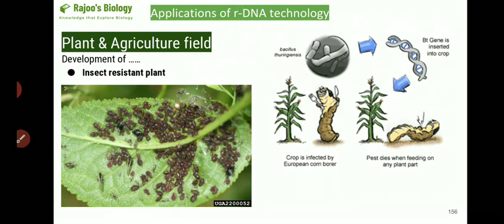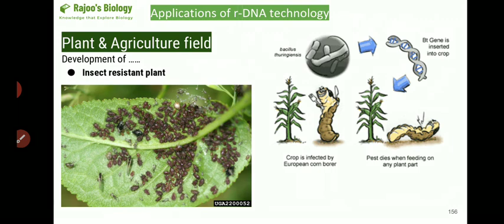The Bacillus thuringiensis produces one protein during spore formation, that is the parasporal body, and that toxin is delta toxin. For the delta toxin they identified the gene.